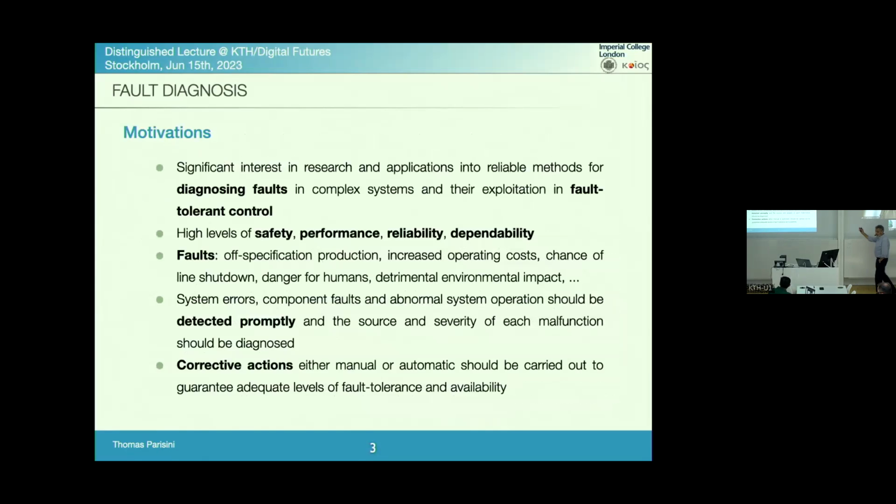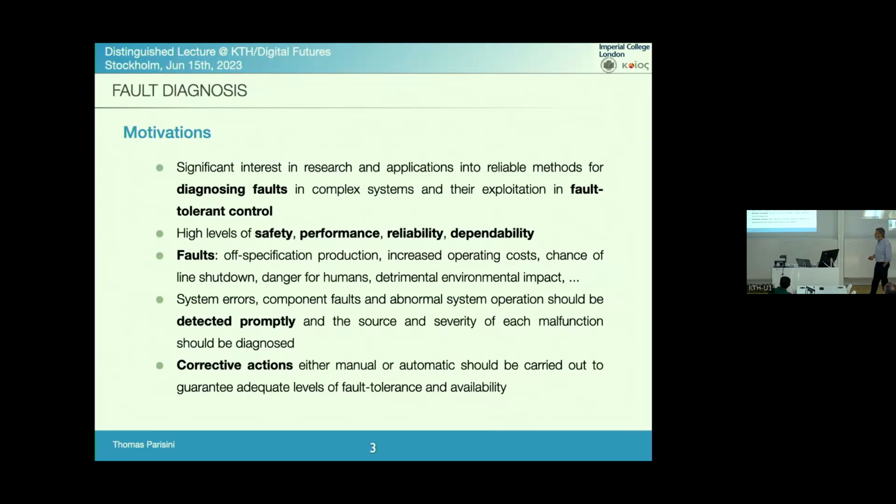I think I can skip this slide. This just provides the motivations of why the problem is important, especially for the industry: the problem of diagnosing faults and abnormal behaviors, because you want to achieve safety, performance, and reliability. It's important to understand that a fault does not necessarily mean a failure of something.